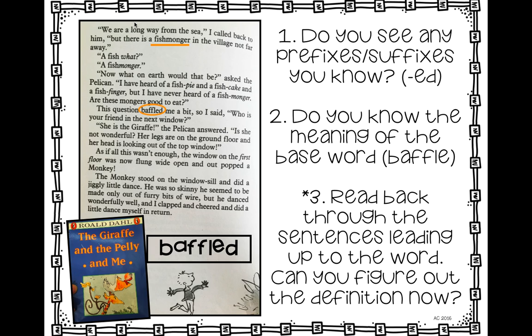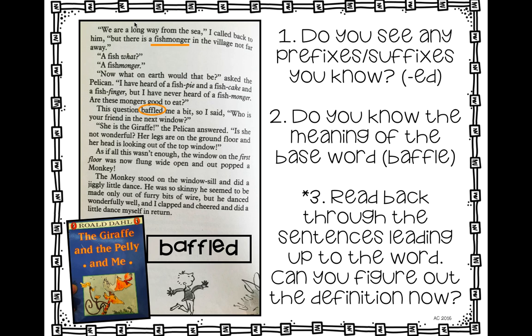If you see, I have the word fishmonger underlined there. This would be a word that is obviously not a word that every kid's going to know just from reading it. So this would be one that I would explicitly introduce before I had students go off and read the story. I'd explain to them that a fishmonger is the person that sells the fish, and they're talking about a person in this village here. After the kid goes back and reads through that little bit, they should see that the question asked right before it, the question that baffled me a bit, was, are these mongers good to eat?